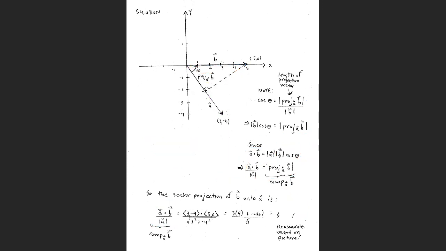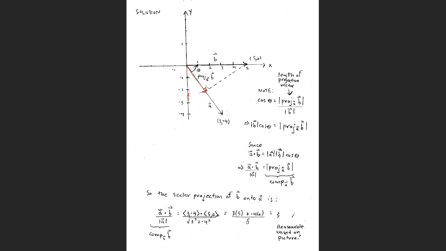What I'm trying to say is the length of this projection vector is equal to 3. Maybe the picture's not drawn perfectly here; I think there's maybe too much space here. But the point is the length of it equals 3.